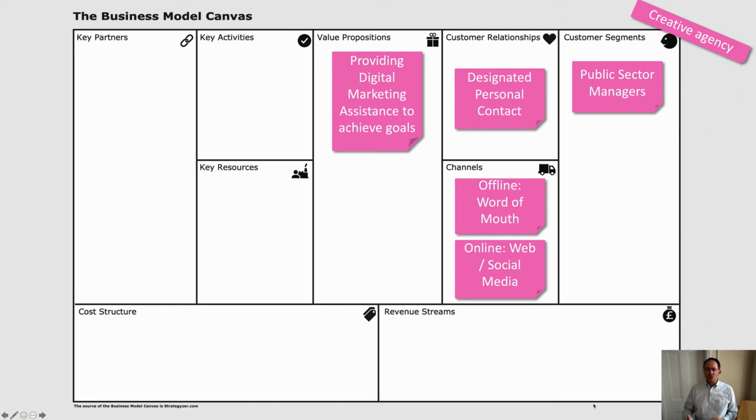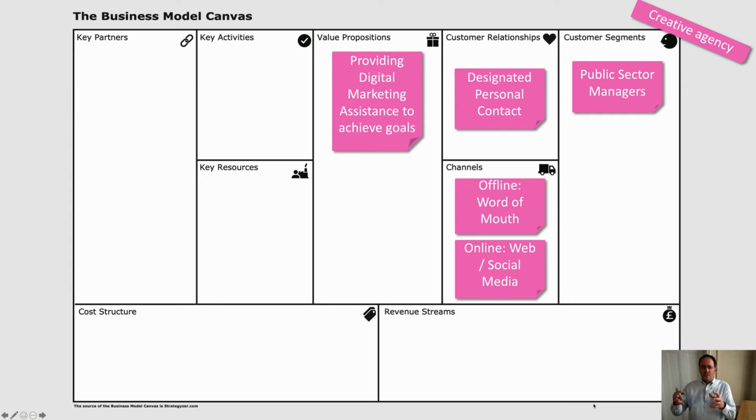So the relationships that this business has built with its customer segments is based on designated personal contact. And at the beginning, it was the founder. Everybody had a mobile number, email address. They could get 24/7 was the invitation. So you can talk to us about what we're doing for you, and we'll give you the right information and put your mind at ease if you've got some questions or concerns.